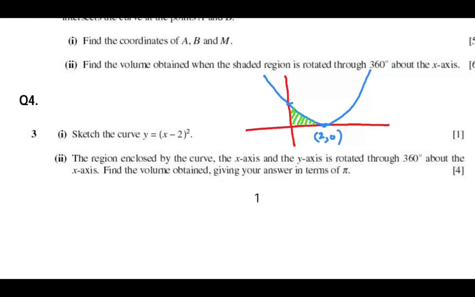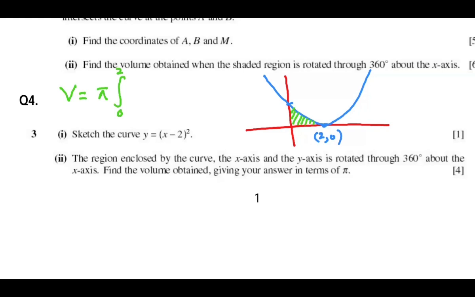So what's the formula for the volume? We know the formula for the volume is pi. What are the limits? Faham, what are the limits? Limits are 0 and 2. 0 to 2. And the formula is y square.